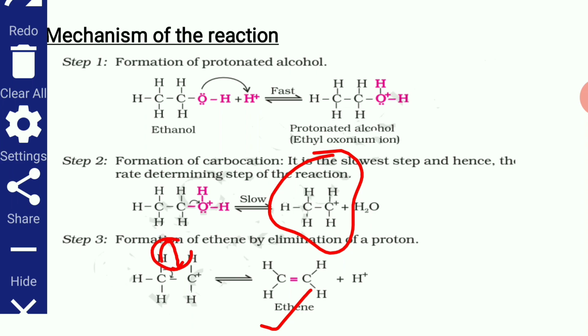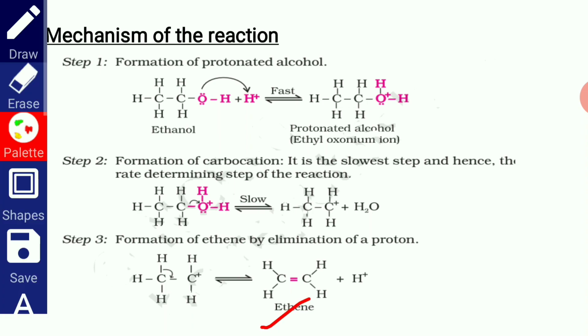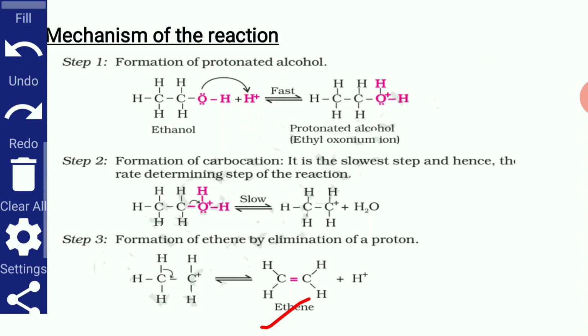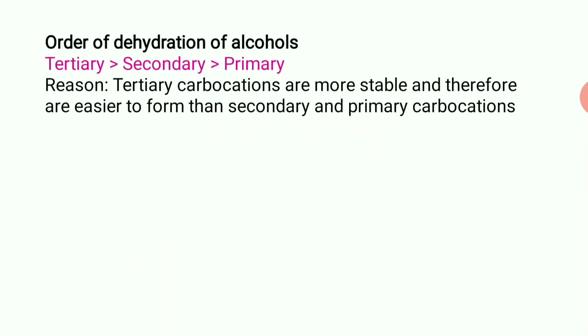The hydrogen gets freed in the form of a hydrogen ion and ethene is formed. So, the mechanism explains that the reactivity of alcohols depends on the type of carbocation formed in the reaction.